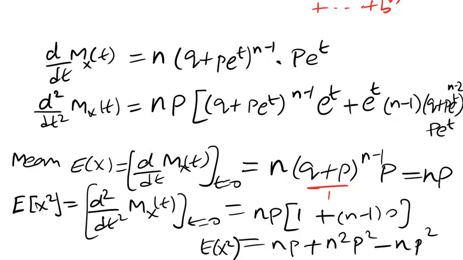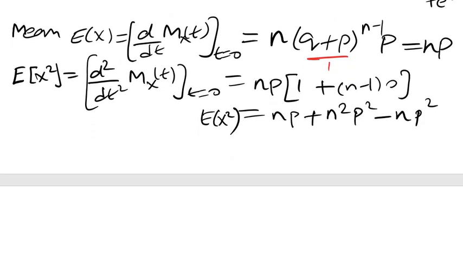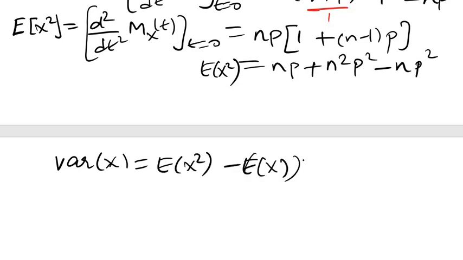And we know the variance formula. Variance of x equal to expectation of x square minus expectation of x the whole square.